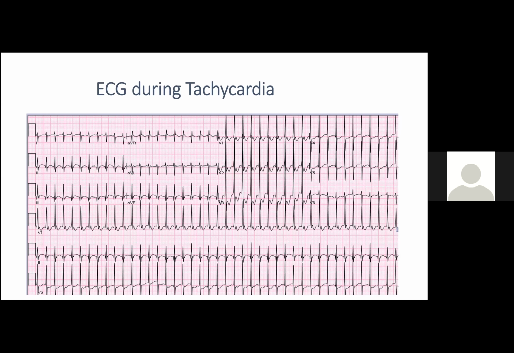You can notice it is a narrow complex tachycardia, regular, and you can notice here at lead V5 there is a retrograde P wave. This gives you a hint that it is a concealed accessory pathway or atrioventricular reentrant tachycardia.